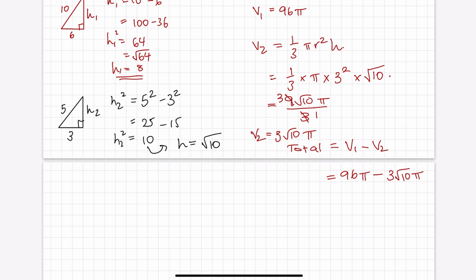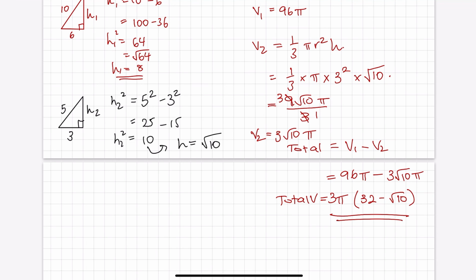I'm going to take the pi out. Can I take 3 out? Yes, I can take 3 out as a factor, because I can divide 96 and 3 by 3. It's going to be 32 minus root 10, and we can't simplify that any further. So that is our answer for the total volume.